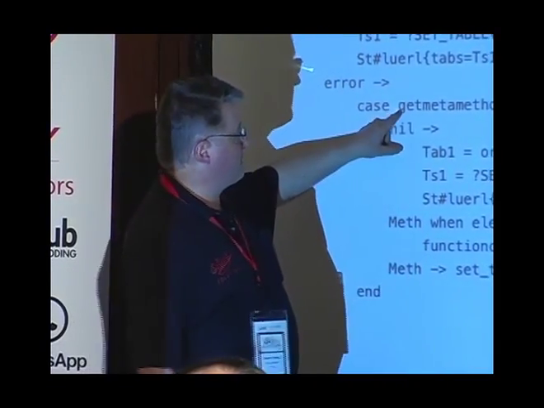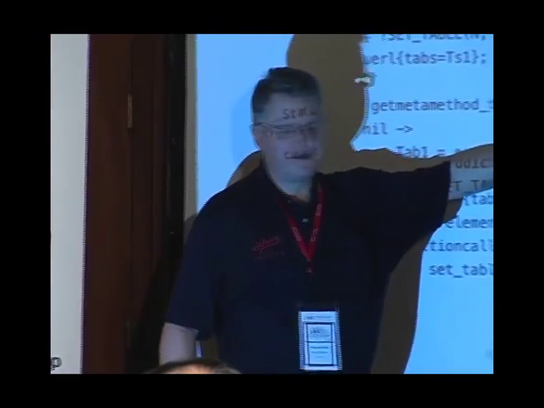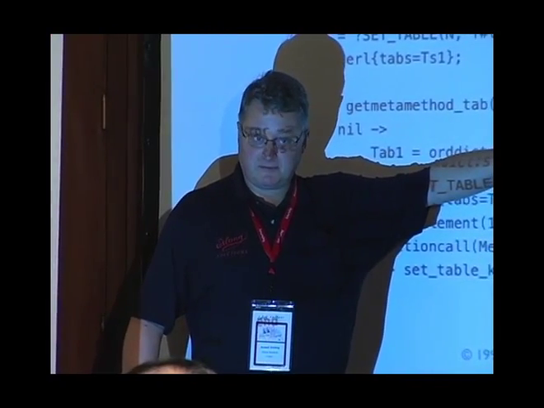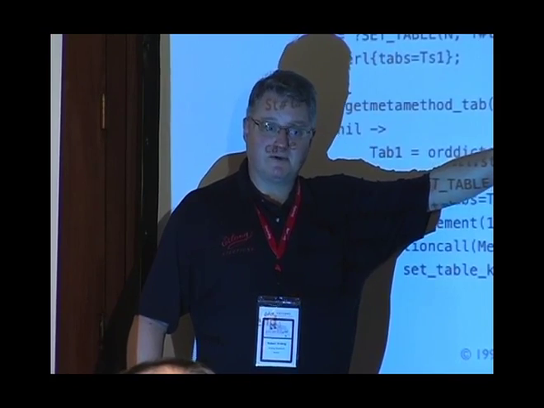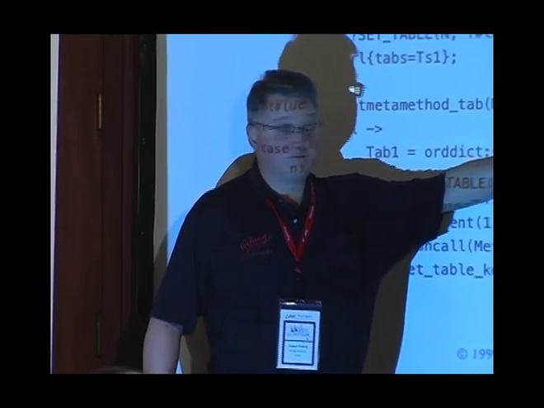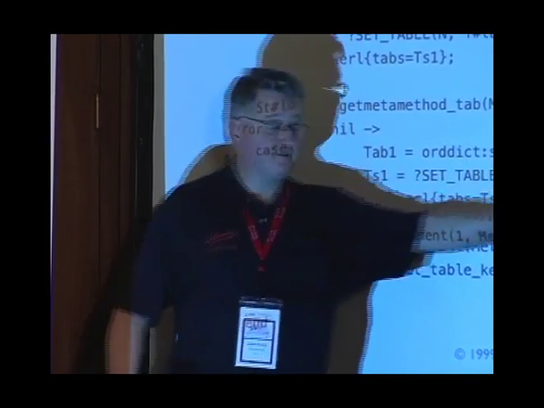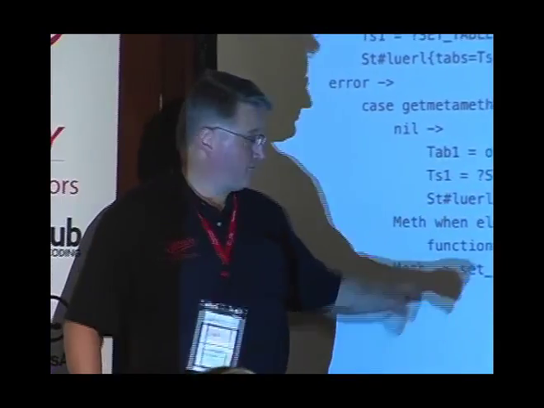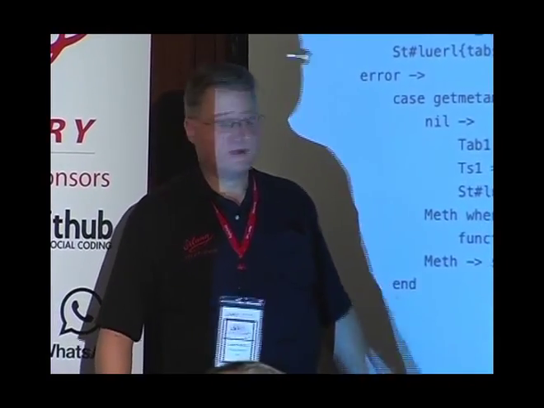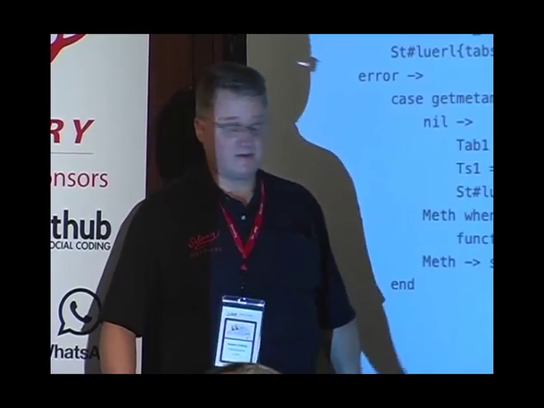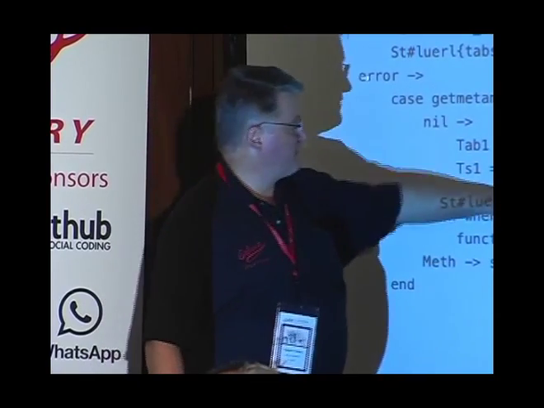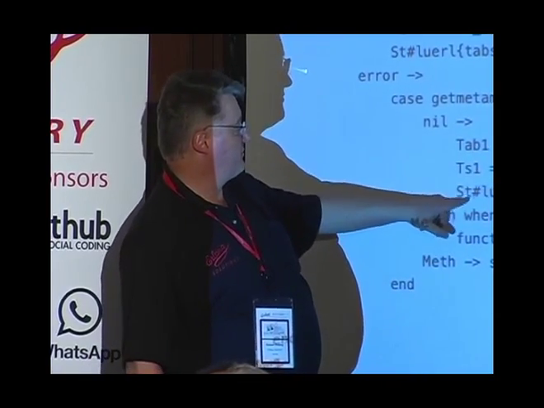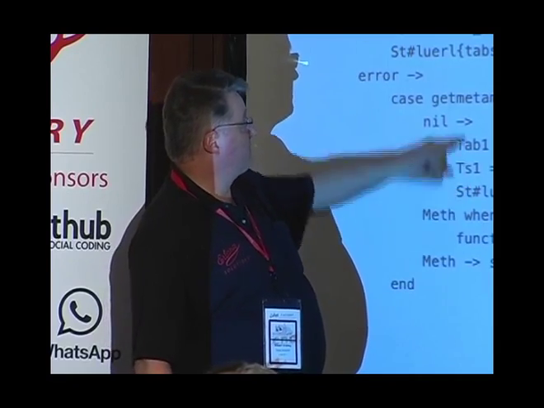If I don't find the key, then I try and see if there's a meta index. If there's a meta table with a key __new_index, and if there's that, then I use that to store the value. If there isn't, then I just put it straight back into the table, and I replace the table, fix up the tables in my state, and return the state.